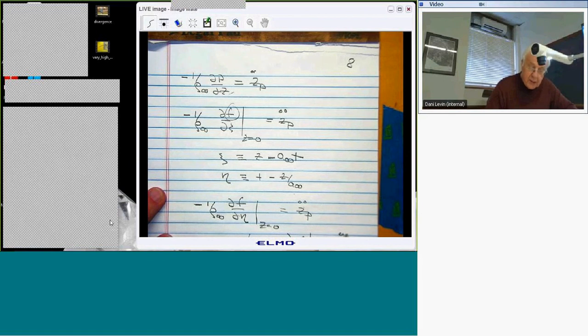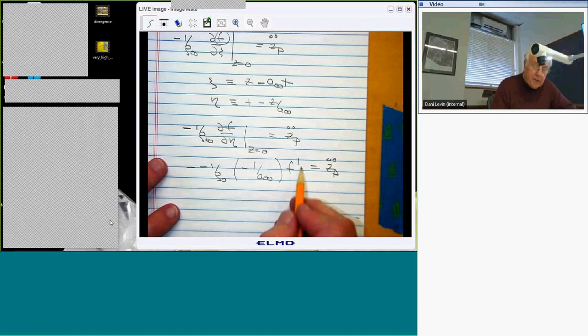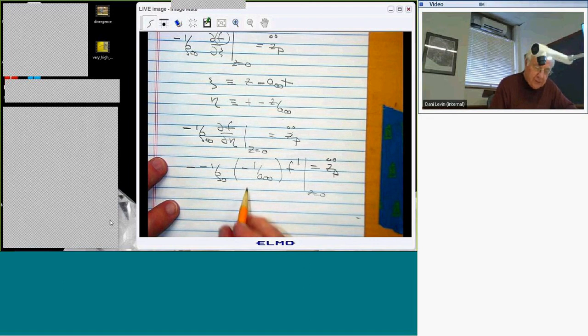But if I apply this now to z equals 0, that's like differentiating this with respect to time. And so now I have 1 over rho infinity a infinity df dt equals z p double dot.